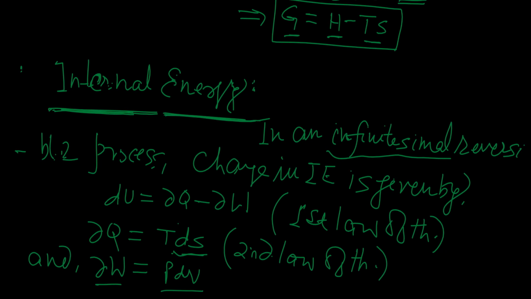So apparently the system appears that it has no energy, but on the other hand we see that the system is capable of doing work. It means the system has definitely some sort of energy. And what is that energy? In fact, that energy is called internal energy. This energy does not appear externally, it is an inherent energy, and so the name internal energy. I hope why the name internal energy has been clear to you.